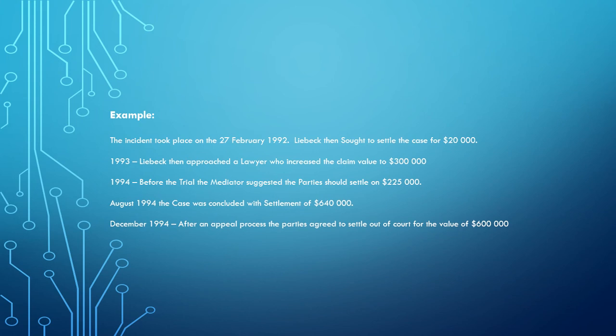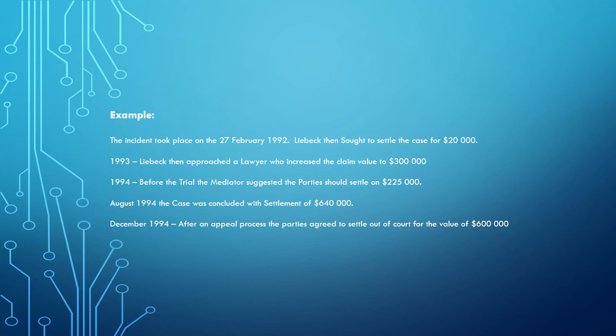But in August of 1994, they still went on to conclude the case in court, and Ms. Liebeck was awarded a settlement of $640,000. But then, in December of 1994, after an appeal process, the parties agreed to settle out of court for the value of $600,000.